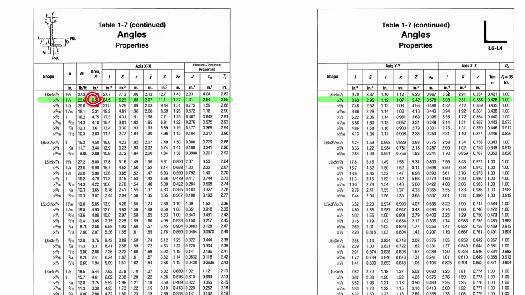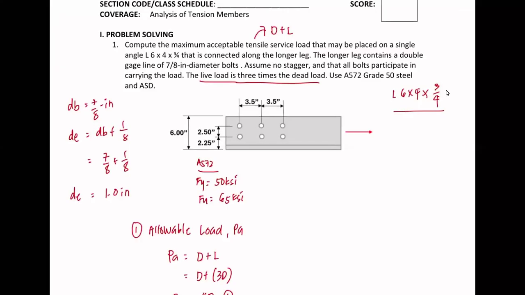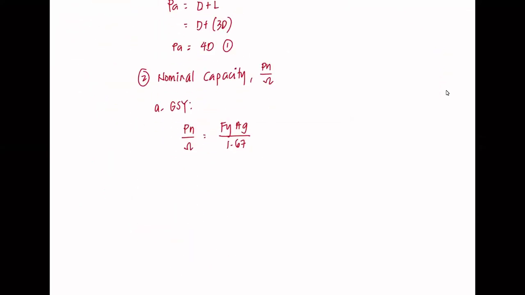Its area is 6.94, as you can see. So the gross area is 6.94 inches squared. We can now calculate our section: 50 ksi, kip per square inch, times 6.94 square inches over 1.67.